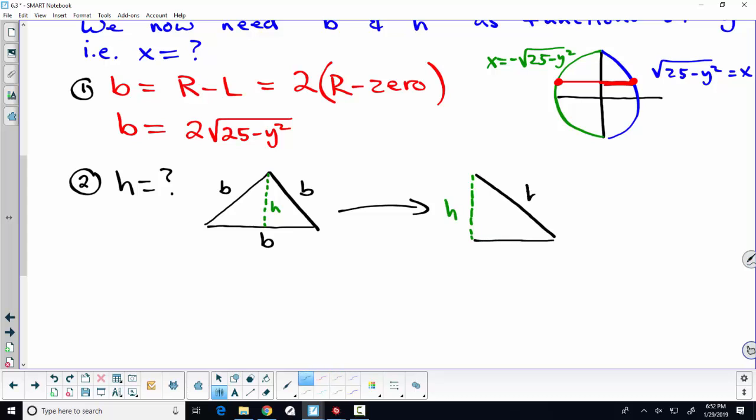This is b, and the base here is what? Yeah, it's half of b, because we just bisected this, perpendicular bisector here. That's b over 2. h should be square root of 3 times b. It's actually square root of 3 over 2 times b. So it's just Pythagorean theorem here, solve for h.